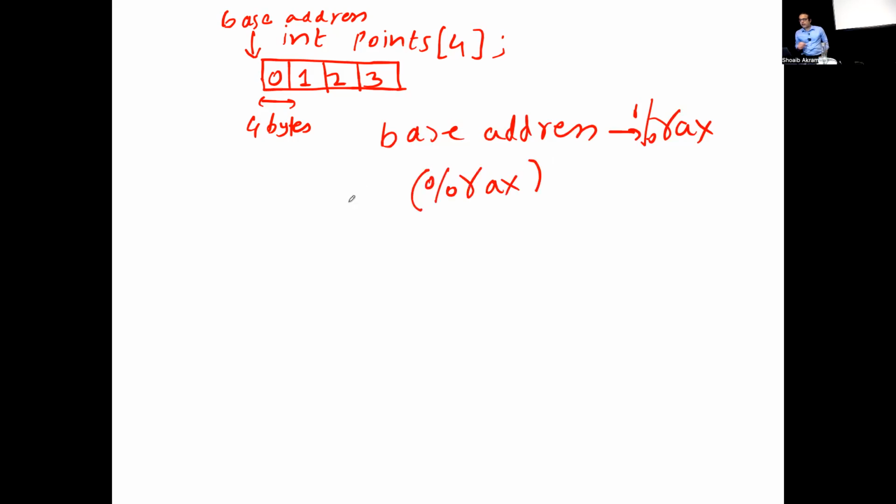And then if we want to go to the last element of this array, what displacement do I need? Right? From the base address, if I add 12, I can access the last element of the array.